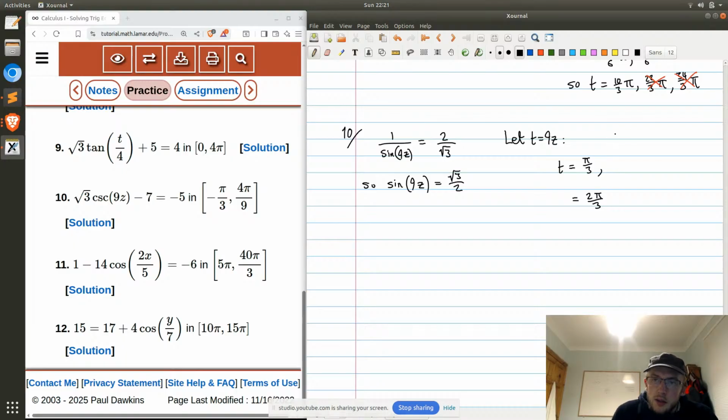And then just add on 2 pi a bunch of times, which is the same as adding on 6 to the numerator a bunch of times. So 7 pi over 3, 13 pi over 3, 19 pi over 3, and then take away 6 from the numerator a bunch of times. So minus 5 pi over 3, minus 11 pi over 3, minus 17 pi over 3.